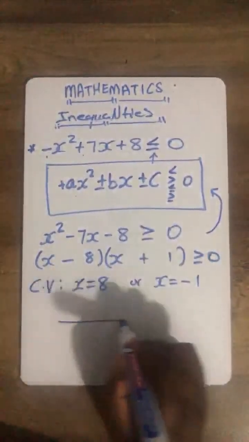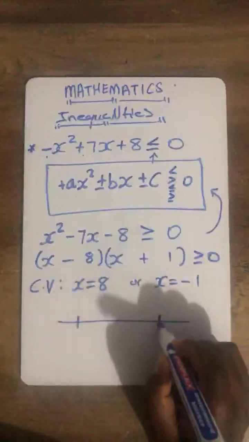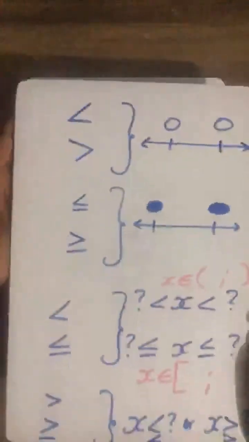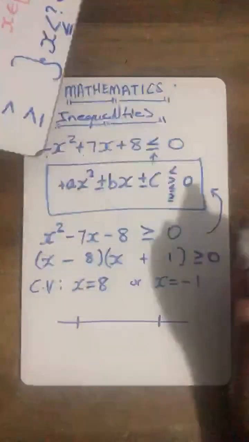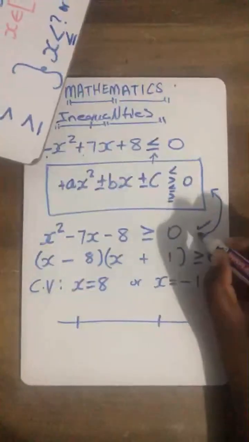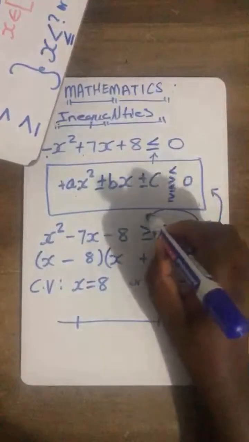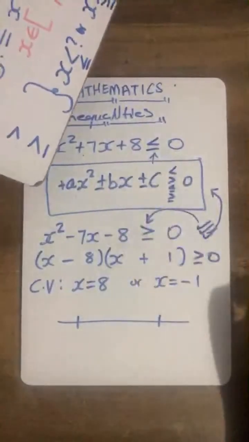You therefore represent that on your number line. So can you see? At this stage where you have your equation in the standard form, what sign are you having there? It's a greater than sign.